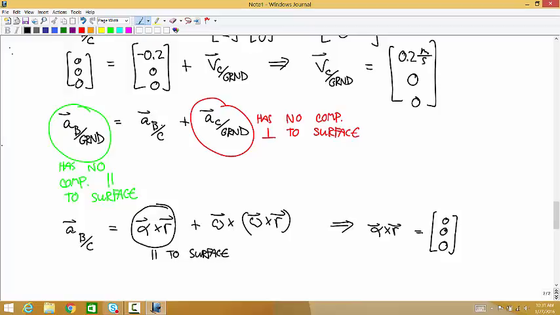And then the acceleration of B relative to C. Now, we don't know anything about that one.